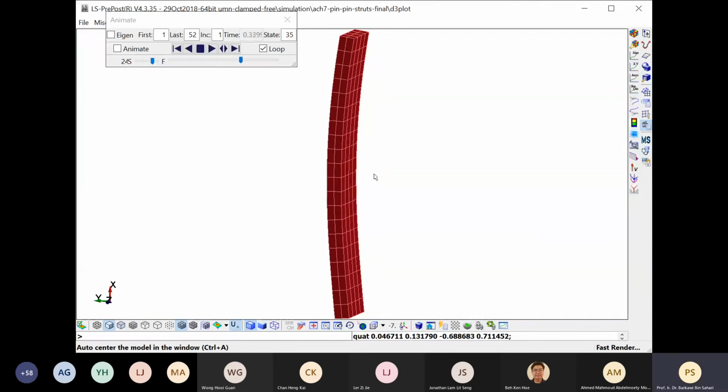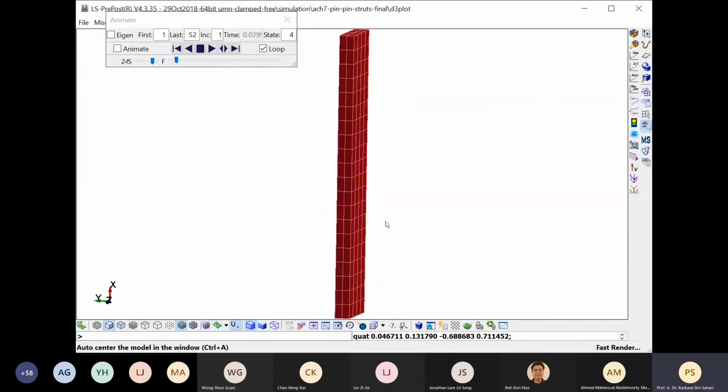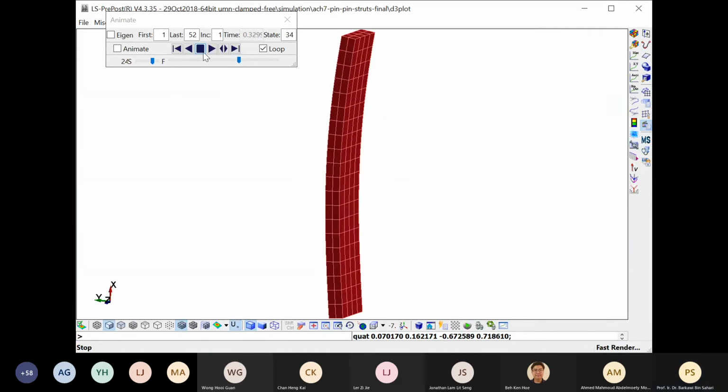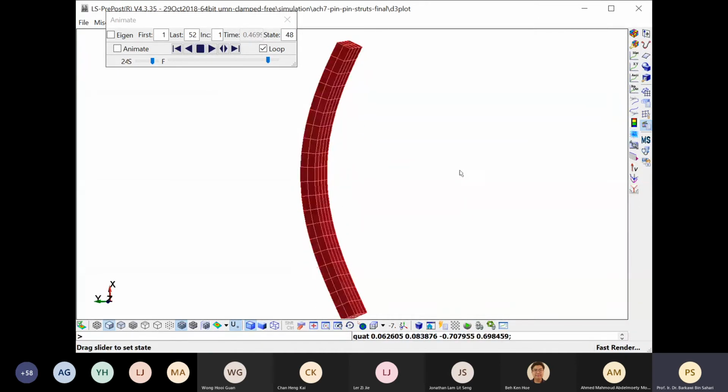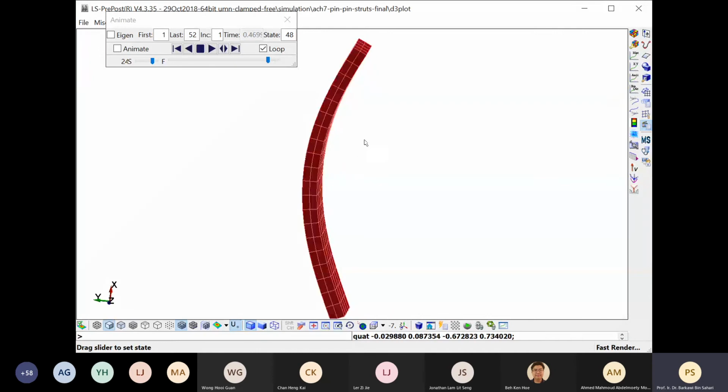So we have seen how it buckles. I just stop at that point. So this is how it buckles. Maximum deflection in the middle, and there is zero Y deflection in this one. So X is from bottom up.